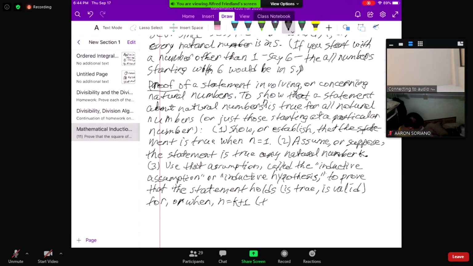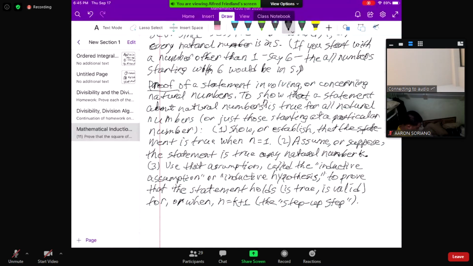It's really hard to write on this slippery glass. So this is the step up step. You're stepping it up from n equals k to n equals k plus 1.